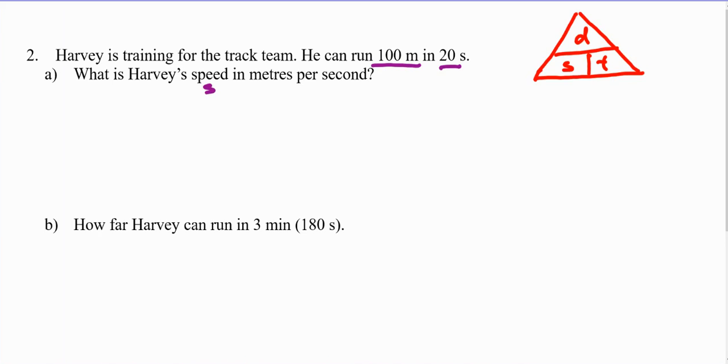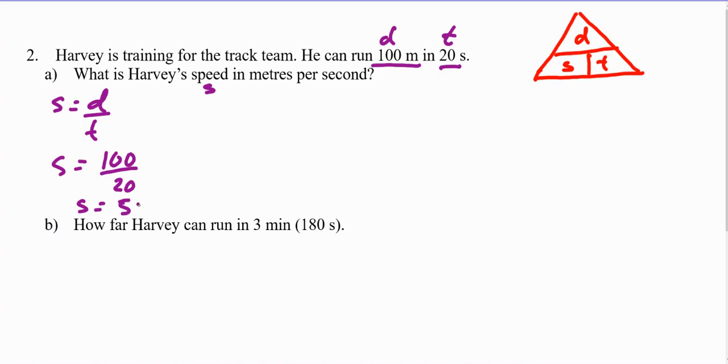Okay, we know his distance. We know his time. So S equals distance over time. There's no rearranging here because we have the S already figured out. So S is a distance of 100 divided by a time of 20. His speed reduces to 5.